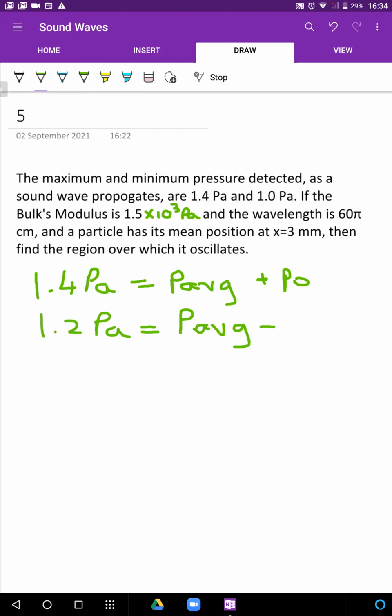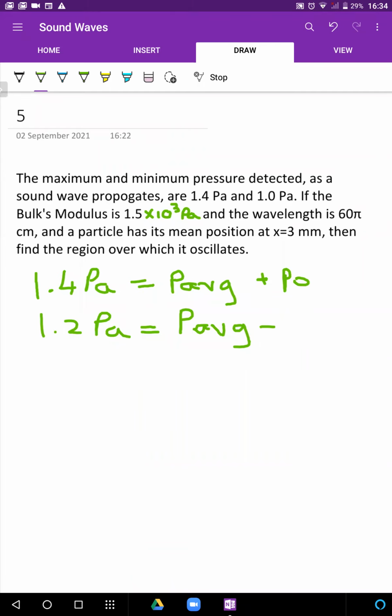Okay, let's see what the answer is. What is your answer? But the answer should go on both sides of 3, it should be around 3 millimeters. 3 millimeters is the mean position. It should be at the exact middle of your answer.